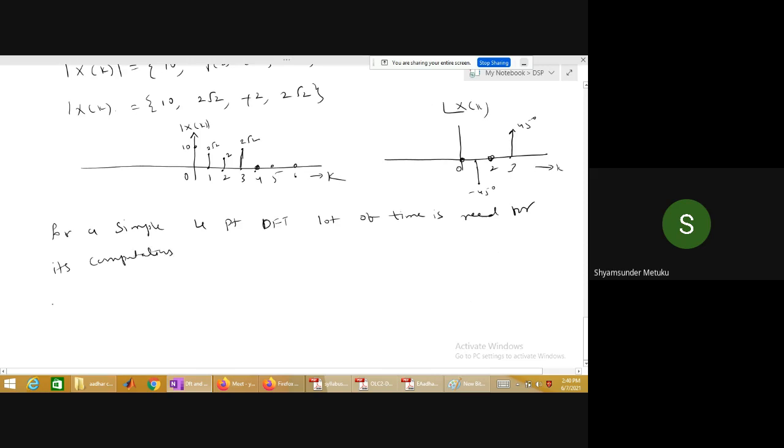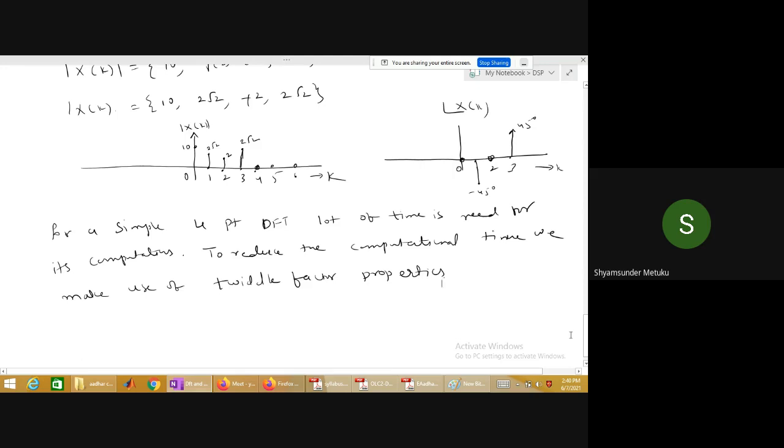So to reduce the computational time, we make use of twiddle factor properties.